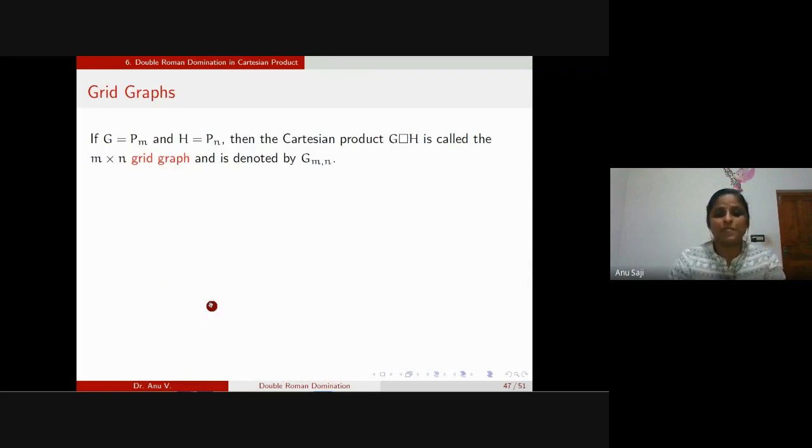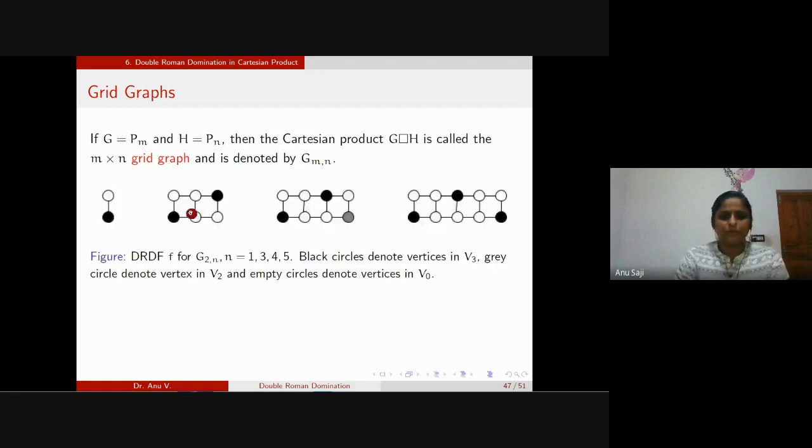Now, for special Cartesian product graphs, grid graphs. If the factor graphs are paths, then the Cartesian product is known as a grid graph, and it is denoted by G(m,n). Here we are giving the figure of G(2,n). This is G(2,1). G(2,2) is not here because G(2,2) is C4 and it is already discussed.